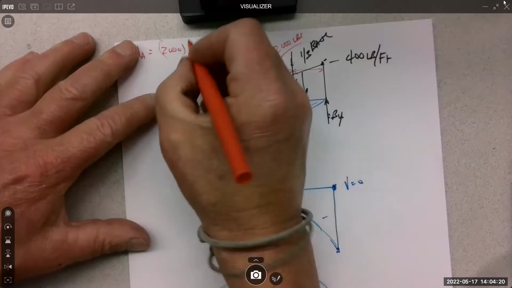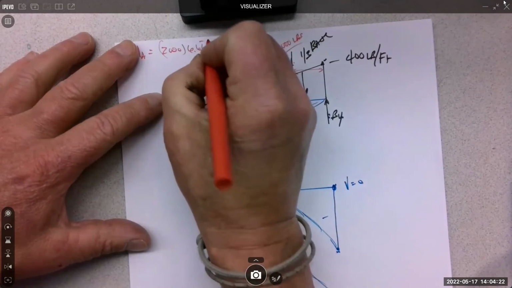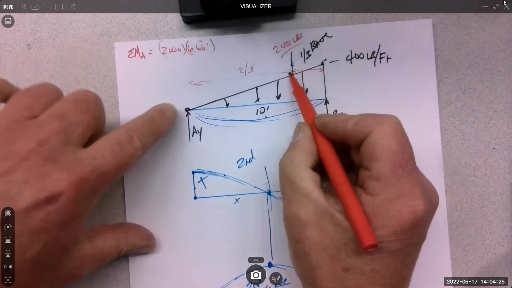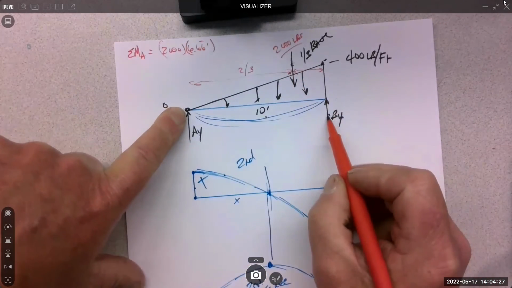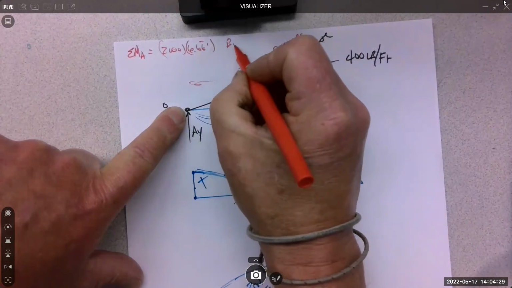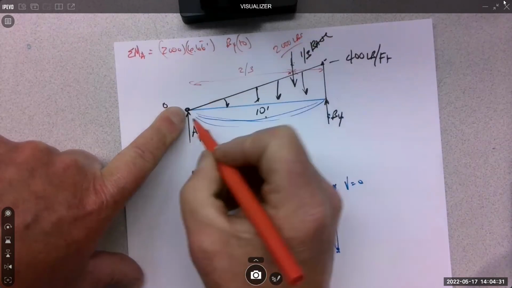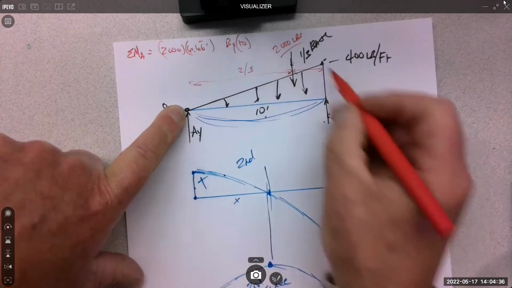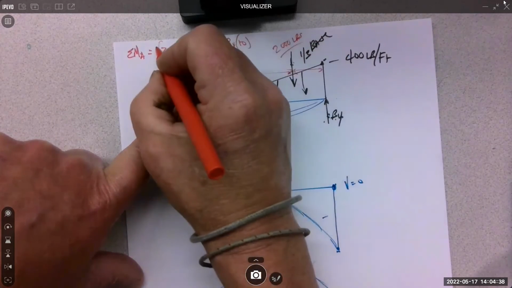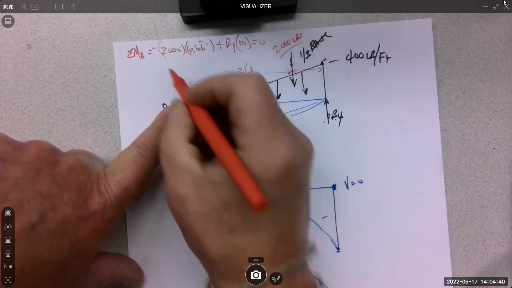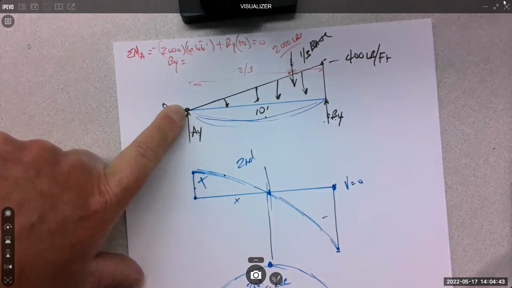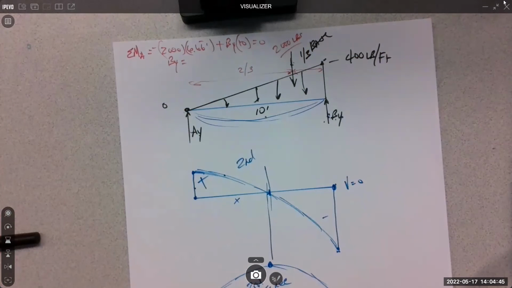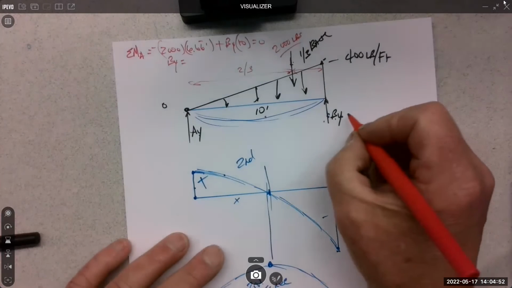So that's that moment. And then I'll put in my unknown BY times 10. So I'm doing my moment at A here. So BY times 10. That rotation is positive. This one's negative. Set it equal to 0. BY equals 13.3 repeating.